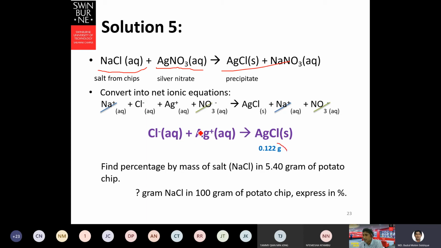And this silver chloride, according to this problem, is 0.122 gram. And 5.4 gram of potato chips were used. So how many gram of sodium chloride would be there in 5.4 gram of potato chips? And if we can find that, we can easily find how many gram of sodium chloride would be in 100 gram or 1 kg of potato chips.